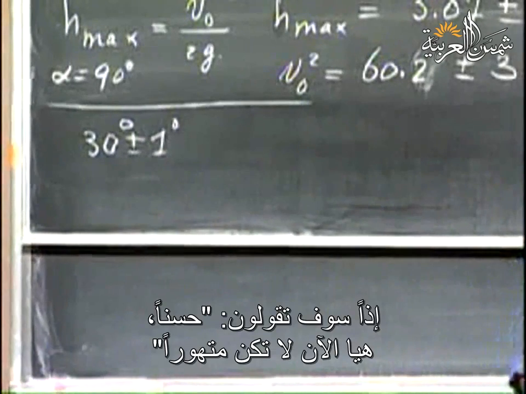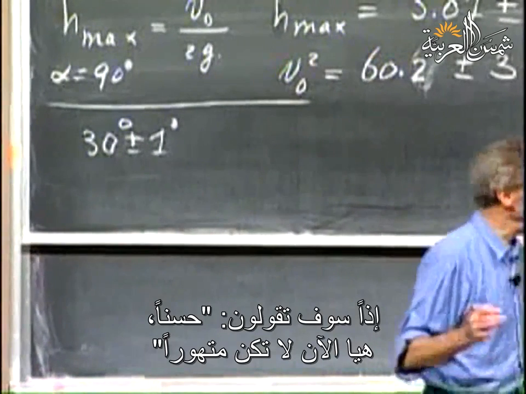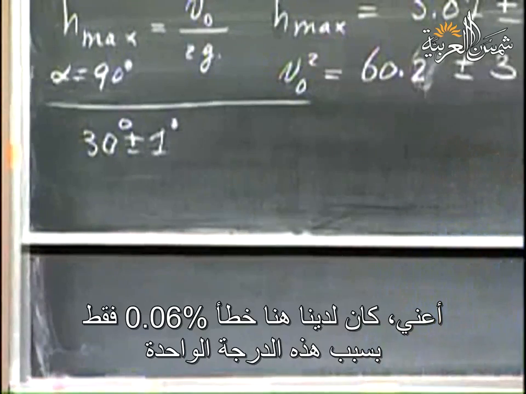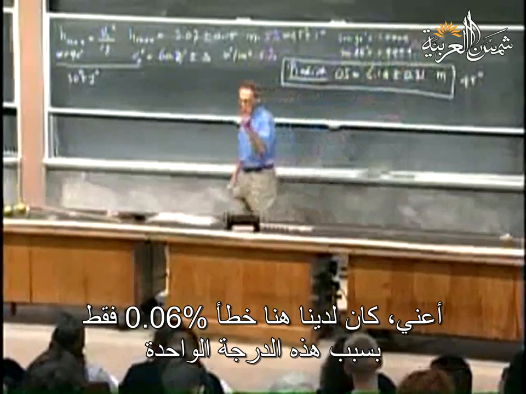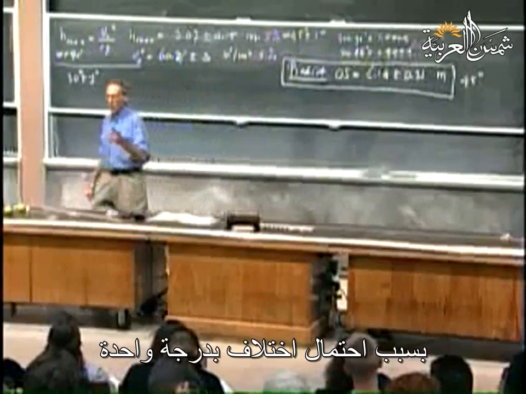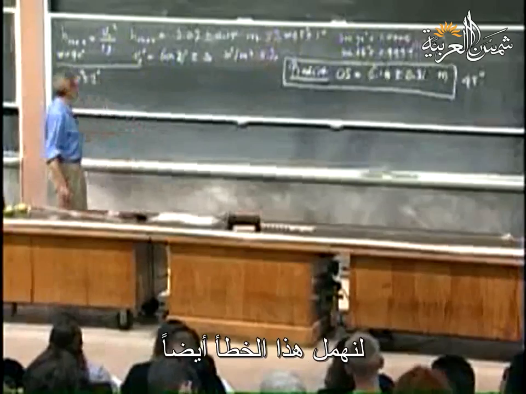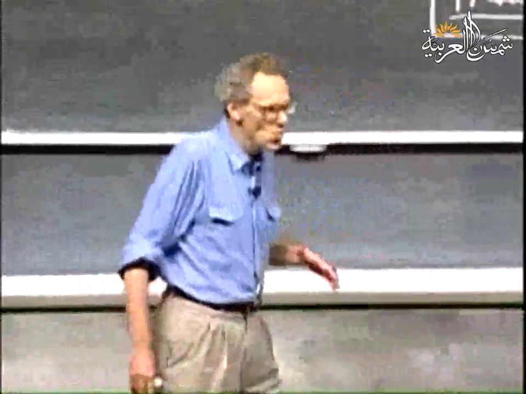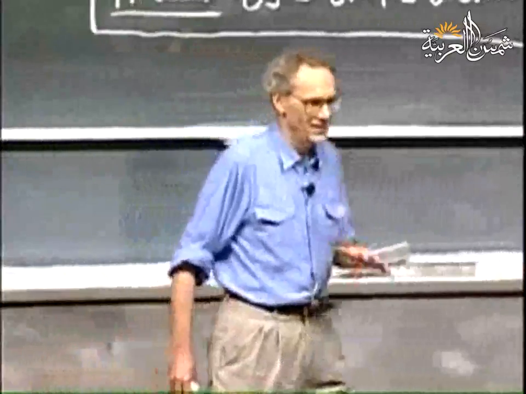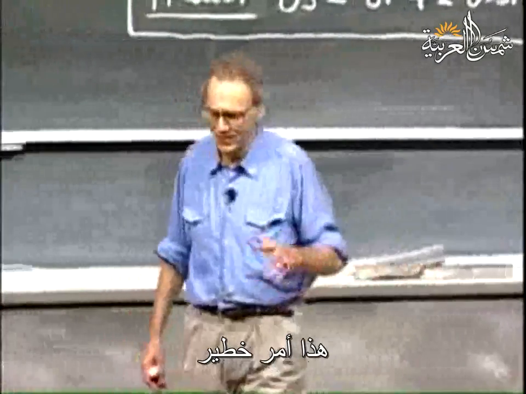So you will say, well, come on now. Don't be decadent. I mean, here we had an error of only 0.06% because of this possible 1 degree offset. Let's just ignore this error too. That is risky. That is risky now.